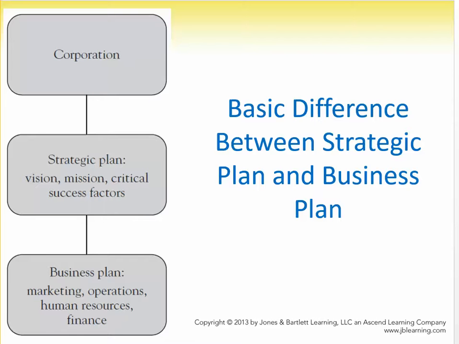The business plan has a shorter view, generally 1 year versus 5 to 10 years, and is more tactical. And tactical in that it includes the marketing plan we talked about, the operations, human resources, and finances, your finance department.